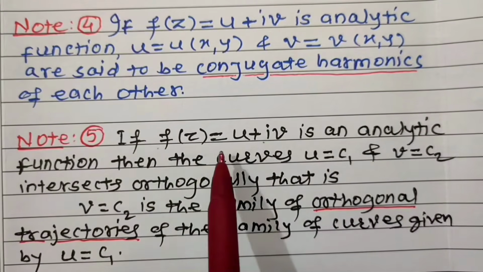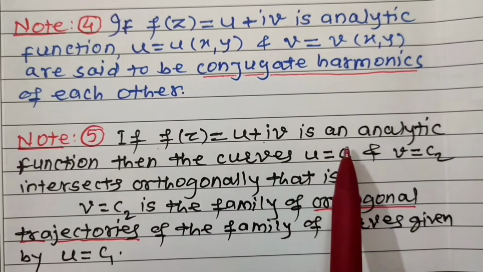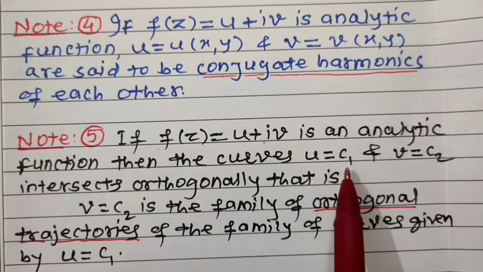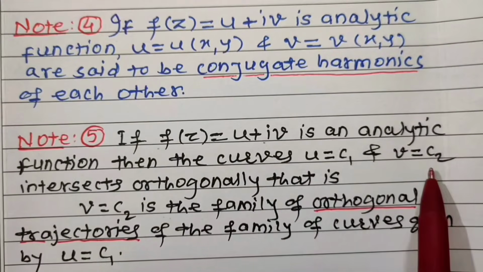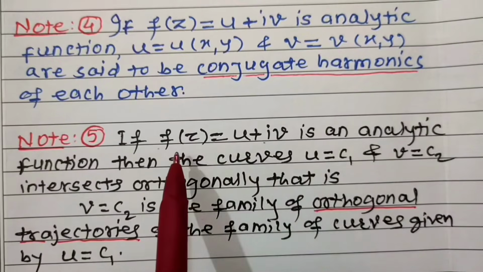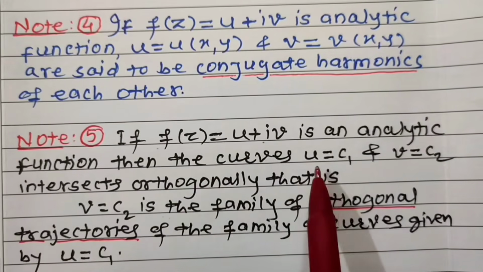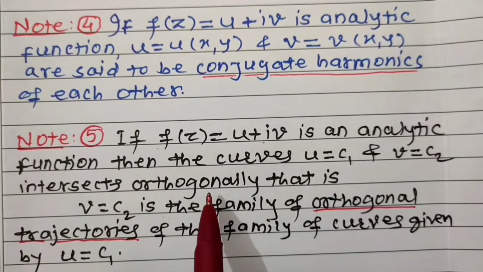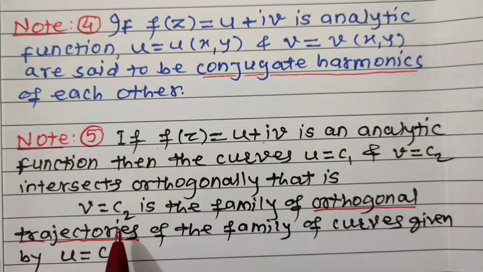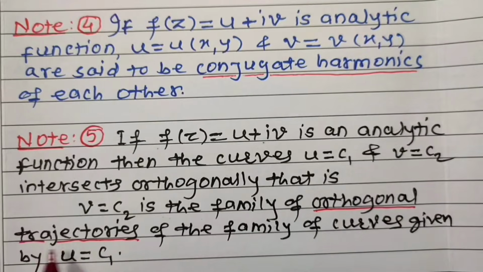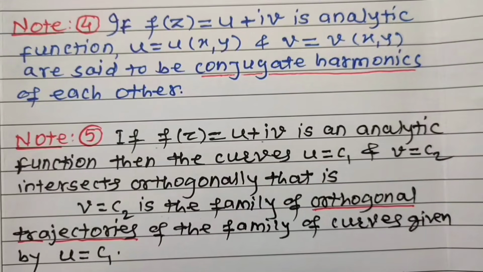If f(z) = u + iv is an analytic function, then the curves u = c1 and v = c2, where u is the real part of f(z) and v is the imaginary part of f(z), intersect orthogonally. That is, the curve v = c2 is the family of orthogonal trajectories of the family of curves given by u = c1. This is note number 5.